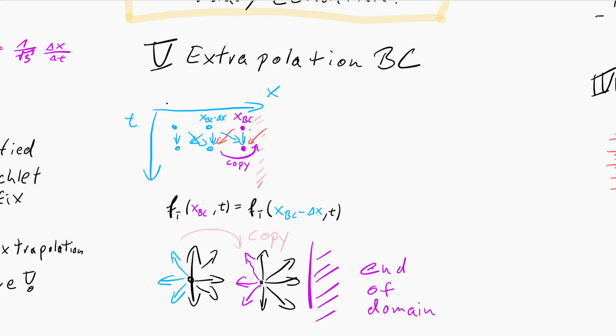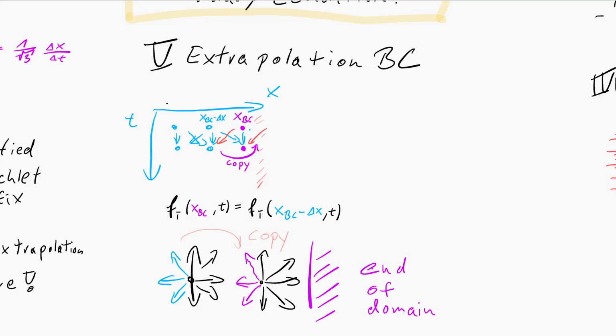What we now very simply do is we take the pre-collision state from the neighboring node, from the first node inside the domain, and copy this to the outlet.